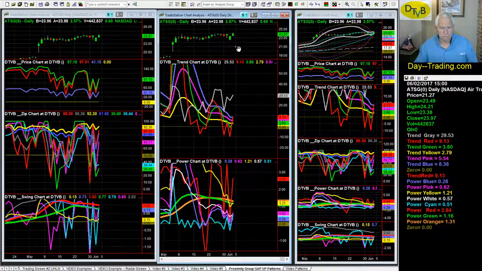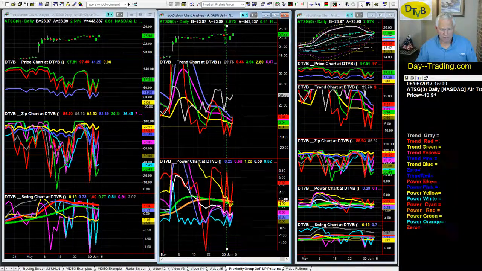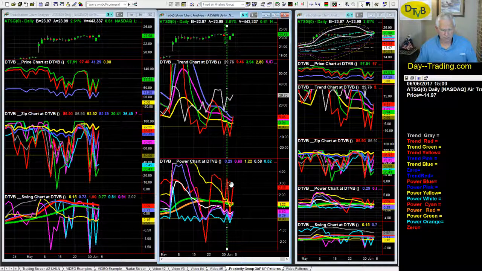If we back up 2 days and we look at this candle right here, we see that trend red is in a BOC lower pattern, and power red is just barely in a BOC higher pattern, and that's divergence, and it caused a fairly good drop.